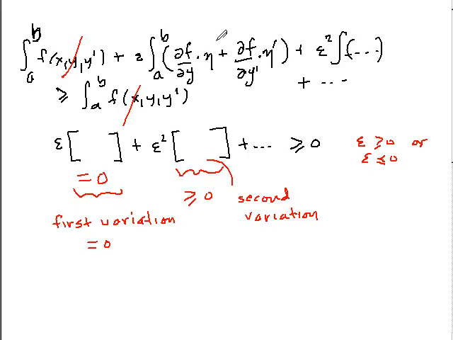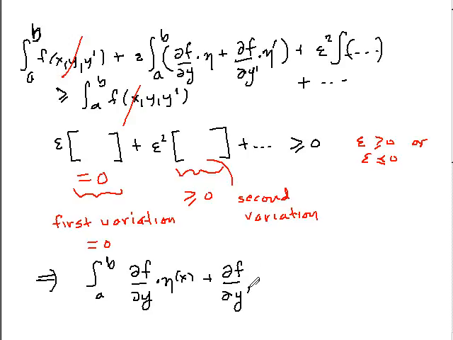Okay, so if you look at the first variation, we conclude with the integral from a to b, this term, df dy times eta of x plus df dy prime times eta prime of x, equals 0. Now, that's the so-called Euler-Lagrange equations.